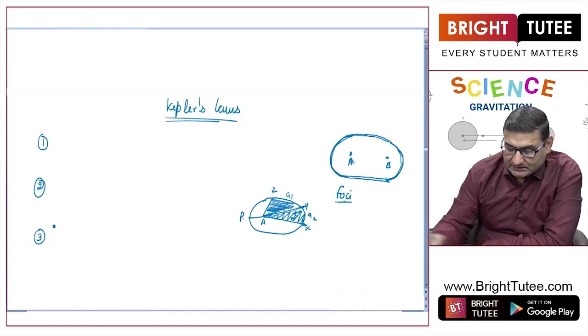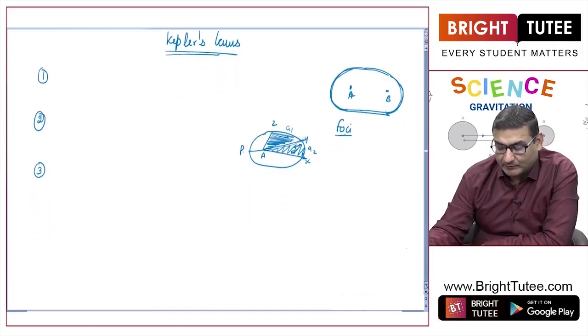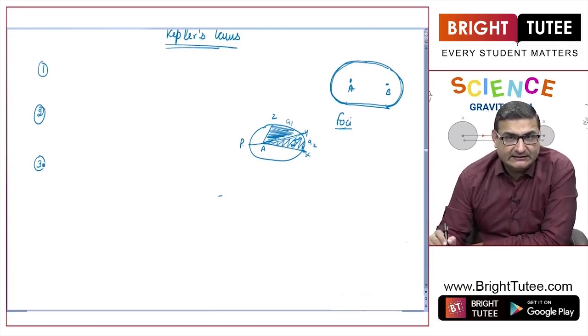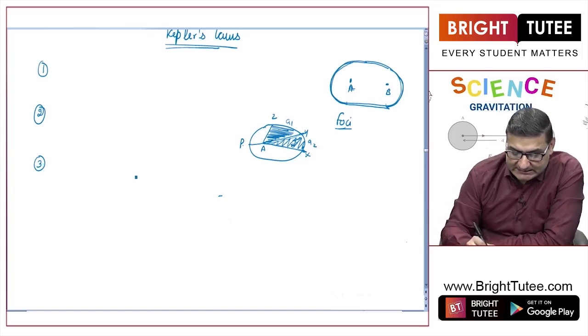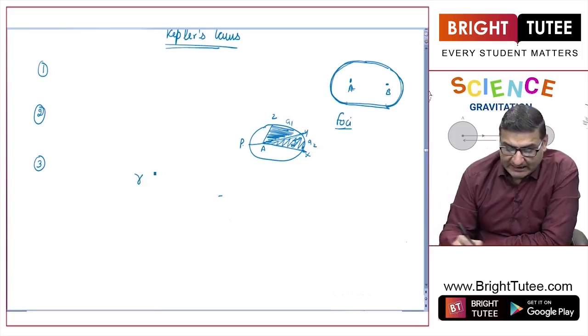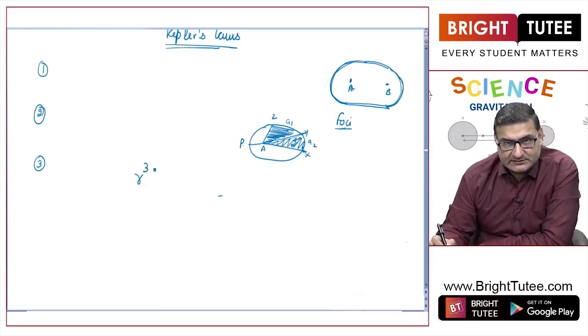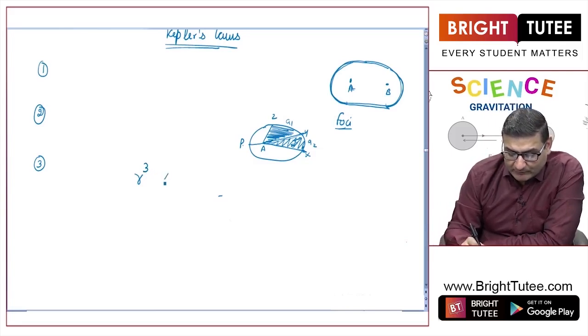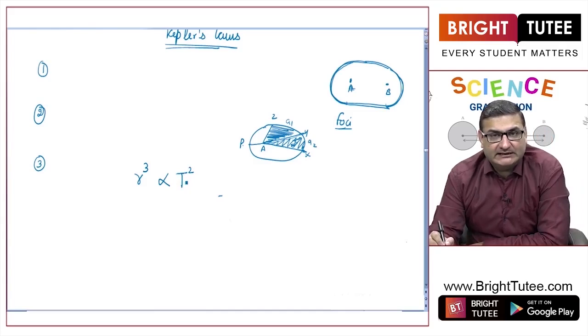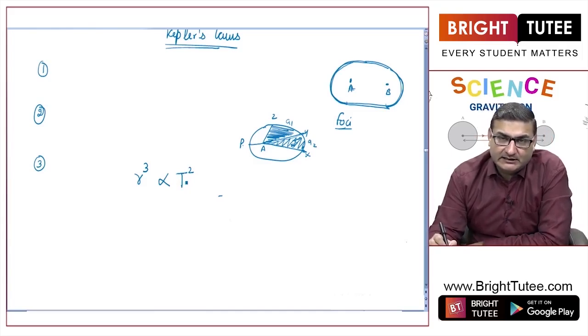Now, Kepler's third law, which is quite important. The third law that Kepler gave says that if we express the distance as small r, and we take the cube of that distance, then this cube of the distance is directly proportional to the square of the time period in which a planet is revolving. So, t is taken to be the time period and r is taken to be the distance.